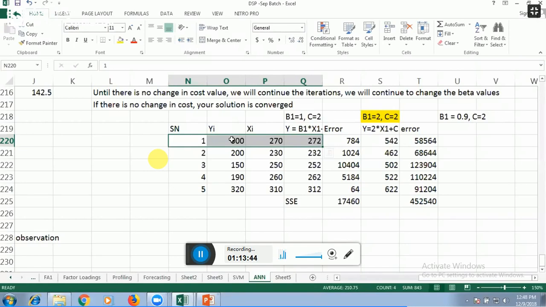So instead of all the records, I'm taking a single record first, and I finalize my beta values based on that single record. Now I move to the next record in such a way that the betas start from the earlier record's values. Suppose you finalized beta 1 equal to 0.9 and C equal to 2.